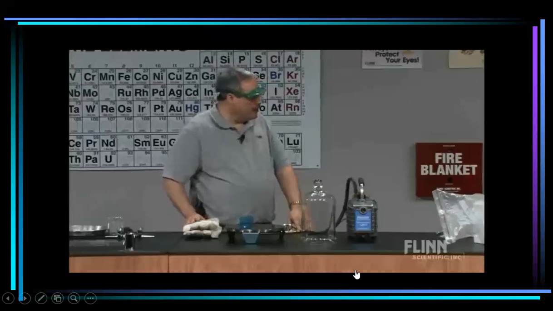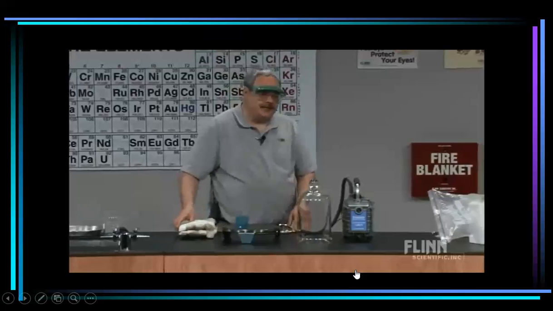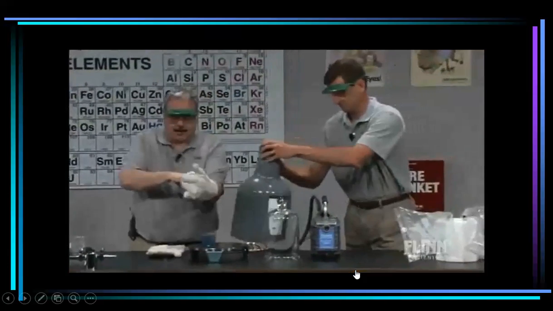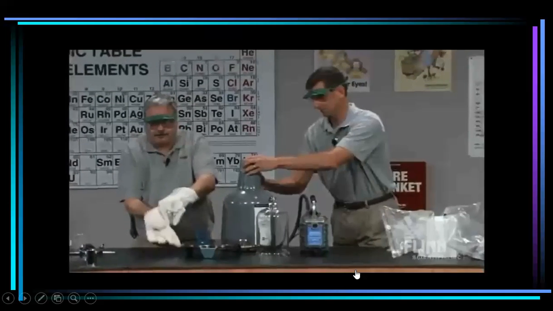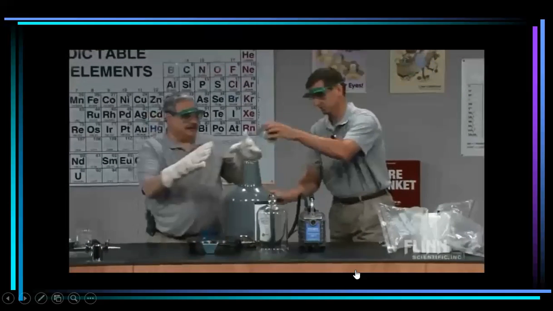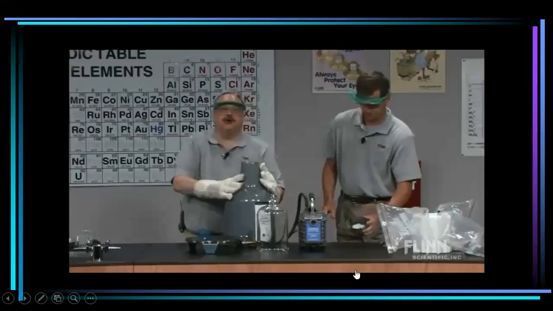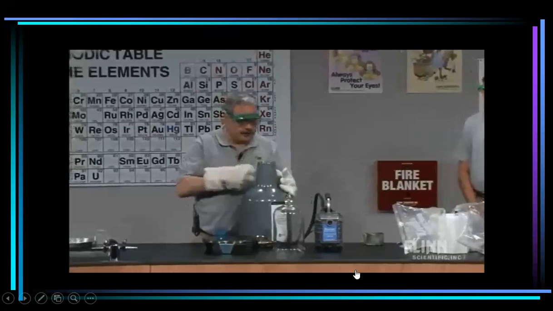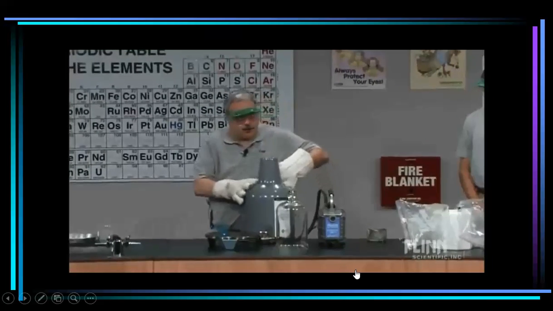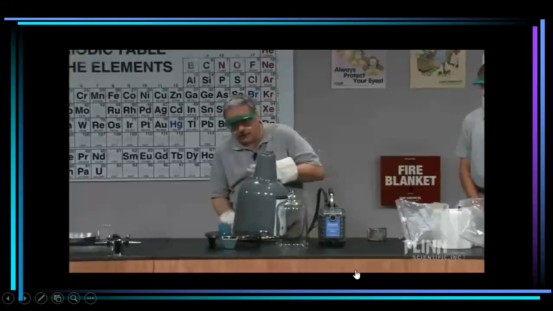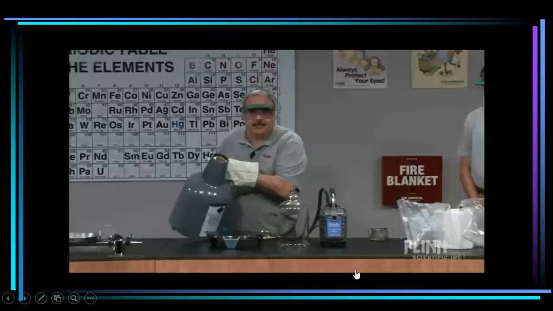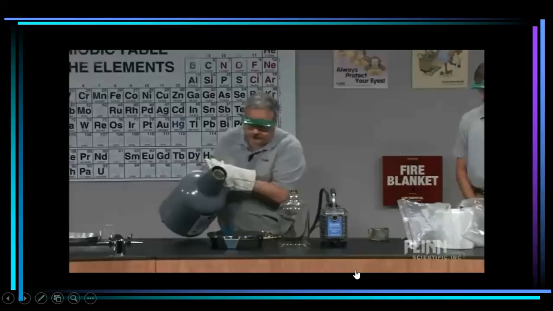We're going to get some liquid nitrogen, which is approximately 190-some degrees below 0 Celsius. We have it inside a Dewar flask, a specially prepared flask with a thermos lining that will keep it cool for a while. We're going to pour some into this little plastic cup.